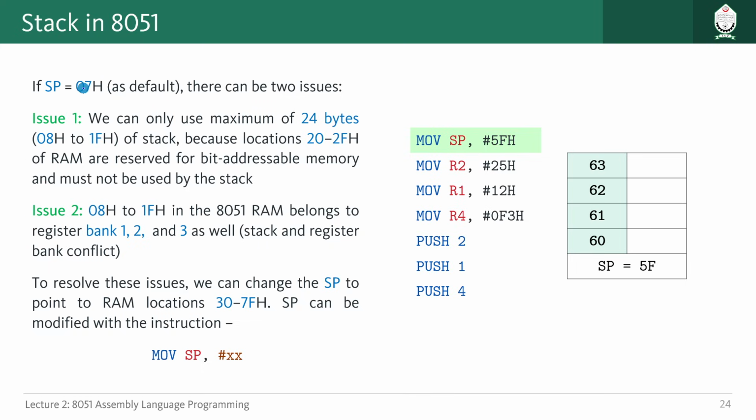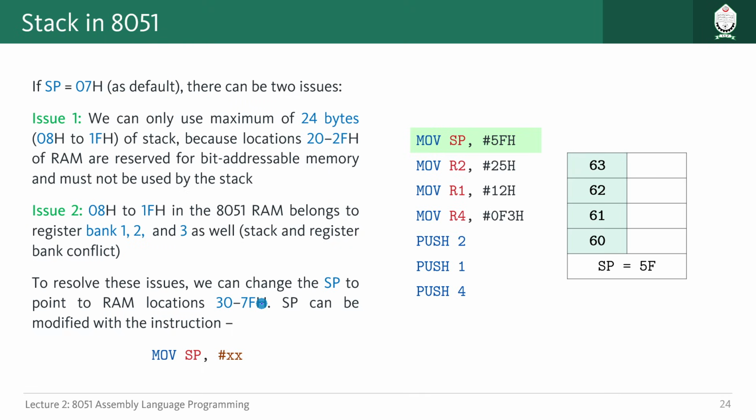For that, what we can do is change the starting address of the stack pointer from 07H to an upper level value. For example, we can change the value of SP to a value within the region of 30 to 7FH.